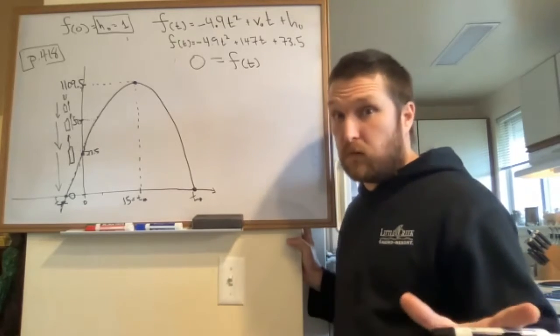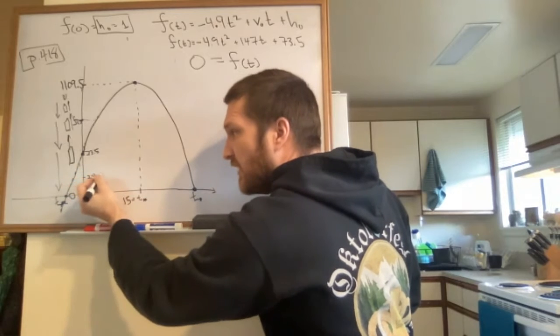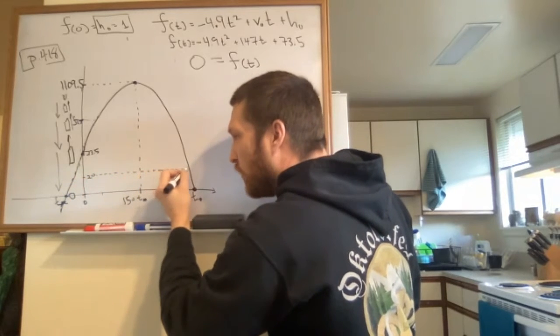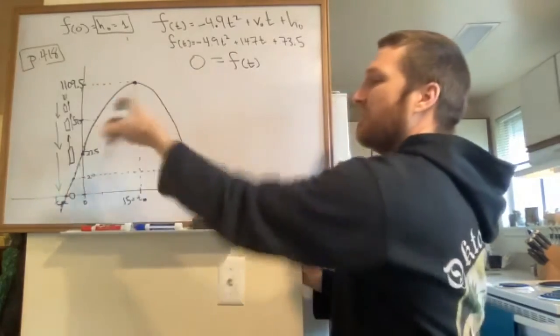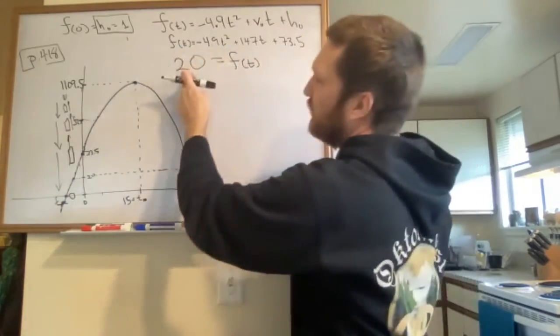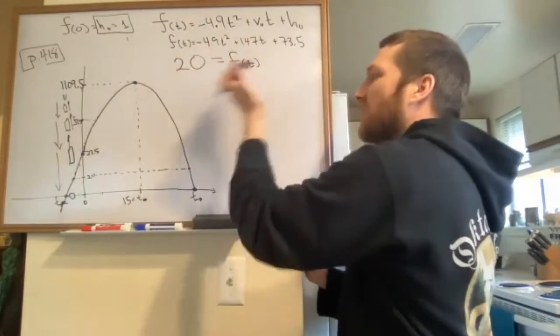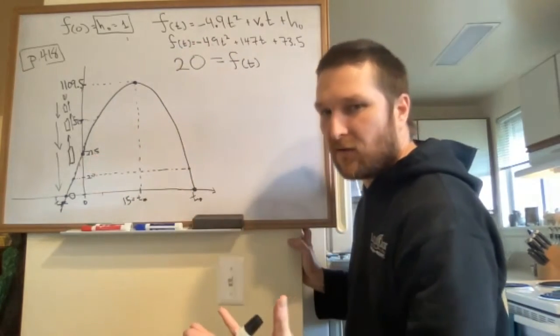We could say, well, hold on. When is it going to be 20 meters? The output is asking, when is the output of this function equal to 20? And instead of writing a 0, I would set 20 equal to this and solve. That's not what it's asking, but you're going to have ones like that.